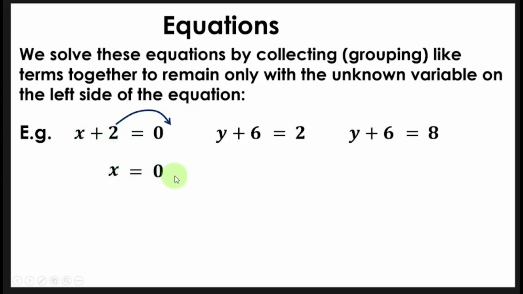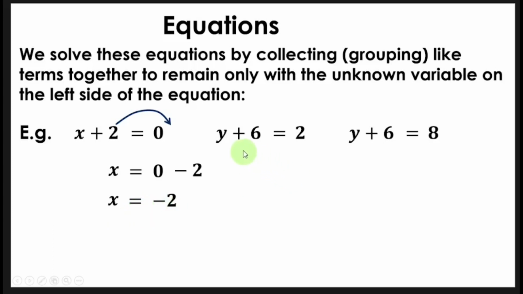So when 2 crosses to the right side of the equal sign, then it turns into a negative 2. Then from there you say x is equal to 0 minus 2. So 0 cannot subtract 2, so we remain with negative 2 as our answer, just as we found previously.